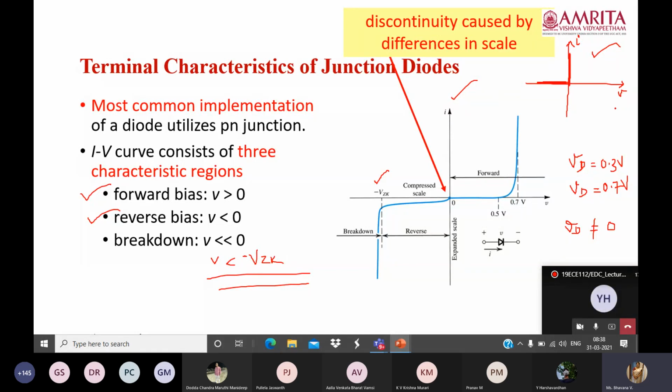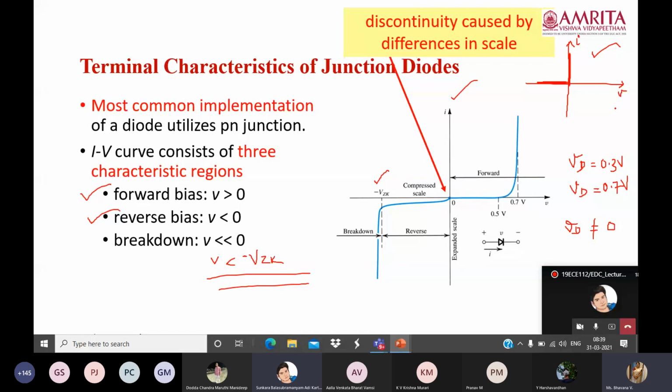Have you completed? One minute, ma'am, we're drawing. Fine. Ma'am, for an ideal diode, is there any breakdown voltage, or will it only go constantly?